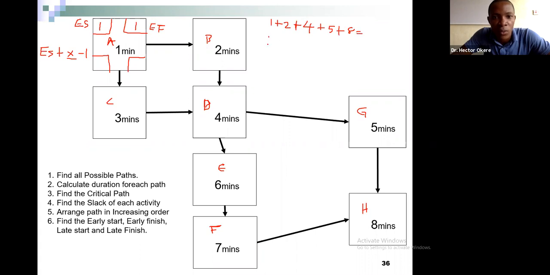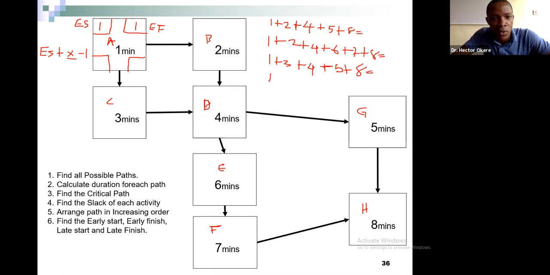We also have 1 plus 2 plus 4 plus 6 plus 7 plus 8, that is our second path. We also have 1 plus 3 plus 4 plus 5 plus 8, that is our third path.